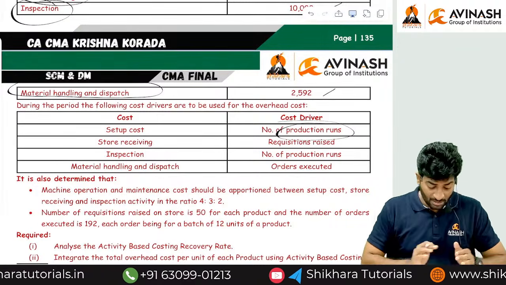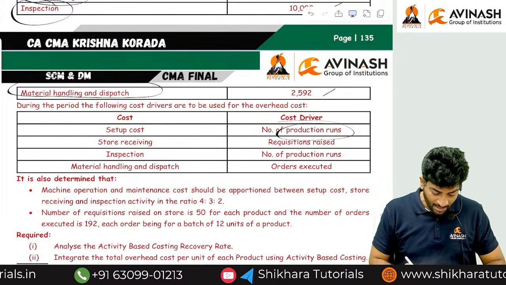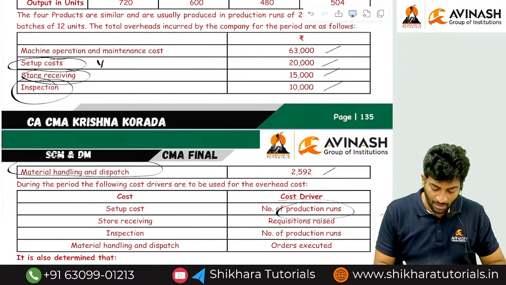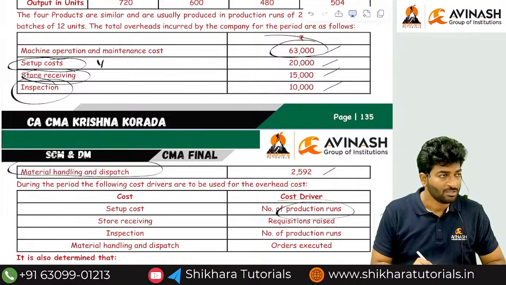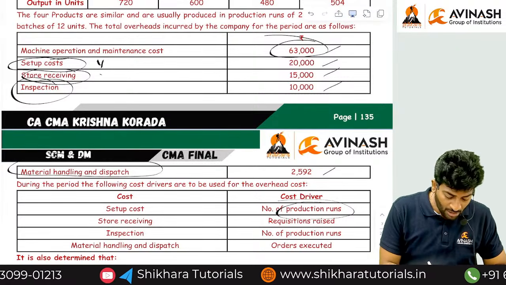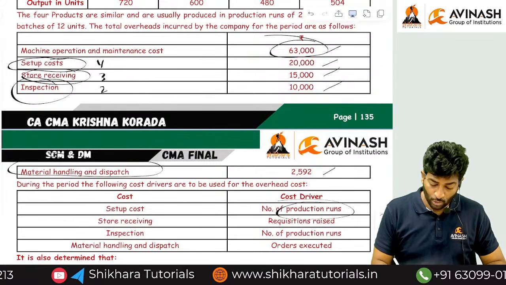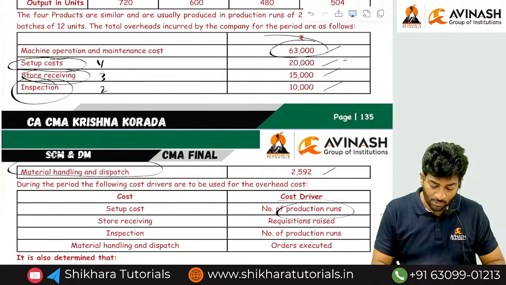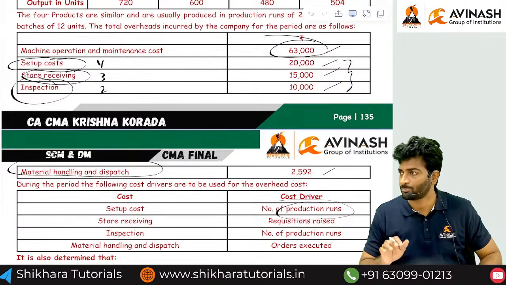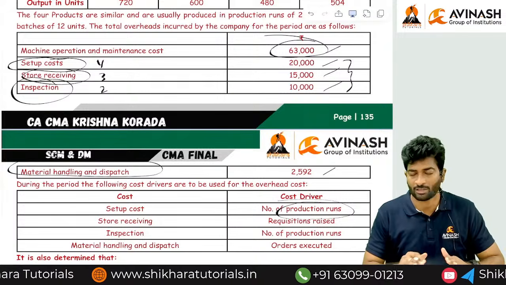So this expense, machine operation maintenance, 63,000: setup gets 63,000 into 4 by 9, stores receiving gets 63,000 into 3 by 9, and inspection gets 63,000 into 2 by 9. So these three amounts will increase. Clear? You can forget about that first item because you apportion it among the balance three activities.